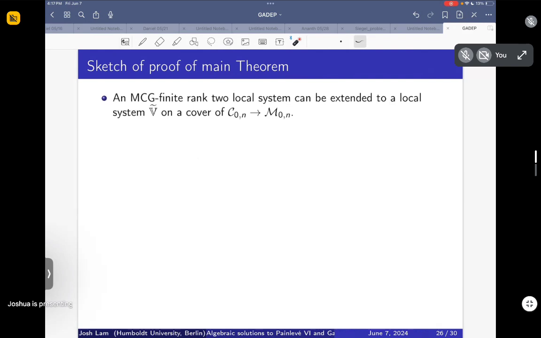Okay, so now let me say a word about the proof of the main theorem. Let me remind you what we're trying to prove.